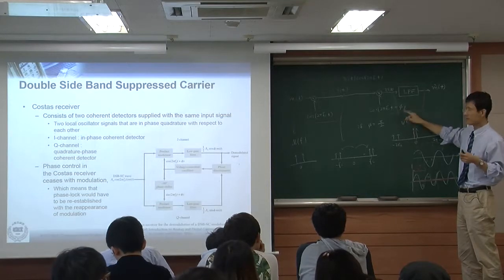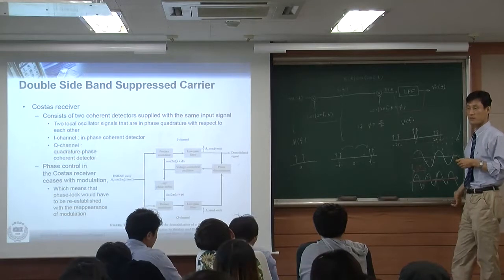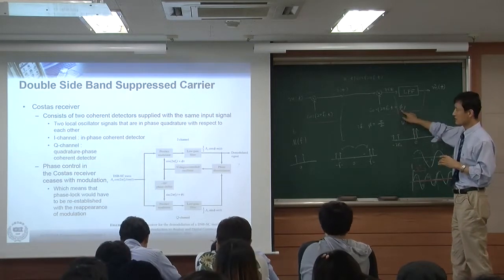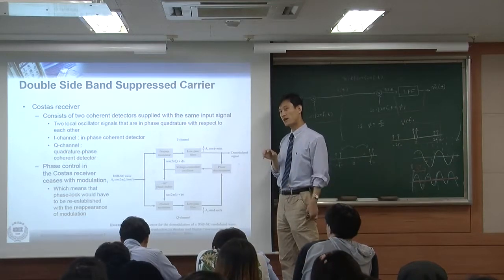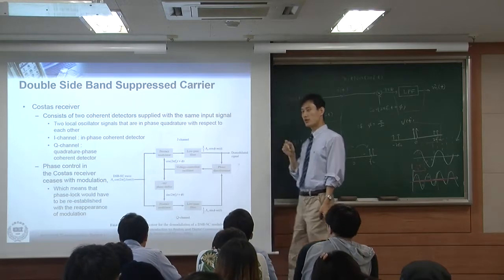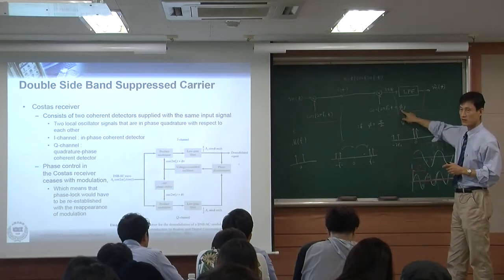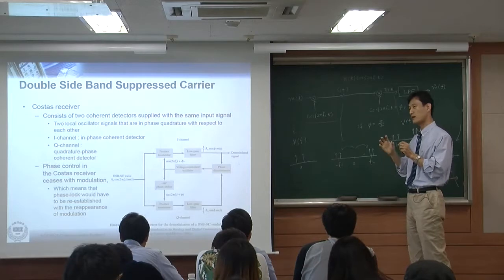Maybe the phase mismatch is 45 degrees, but you never know. But in this Costas receiver, you want to calculate what the phase mismatch is. And once you know the phase mismatch is 45 degrees, then you can correct it. You can make a correction.